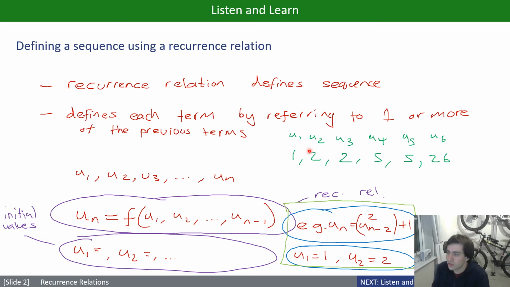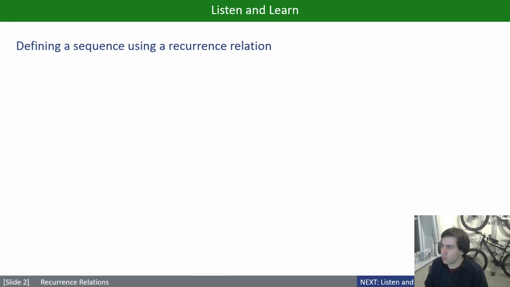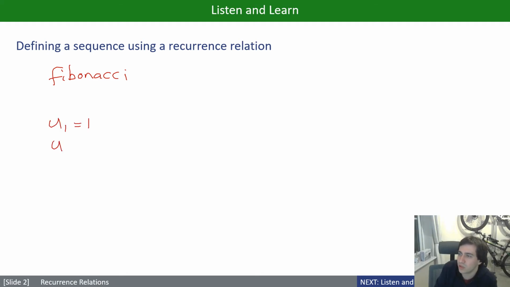Okay, and to just end with, let's actually answer the starter question, right? What is the mathematical way of describing the Fibonacci sequence? So for Fibonacci, we would define it as follows. Our initial values are U1 equals 1, U2 equals 1, and U_n is equal to U_(n-1) plus U_(n-2).